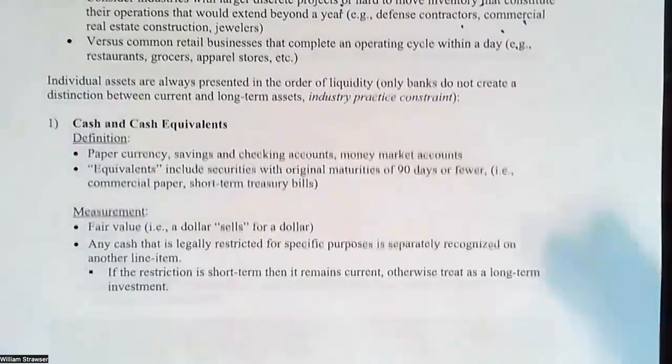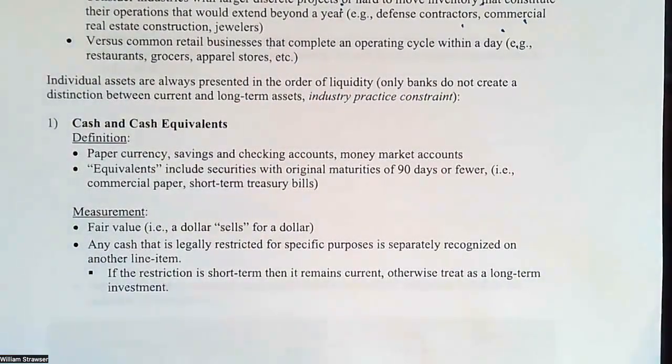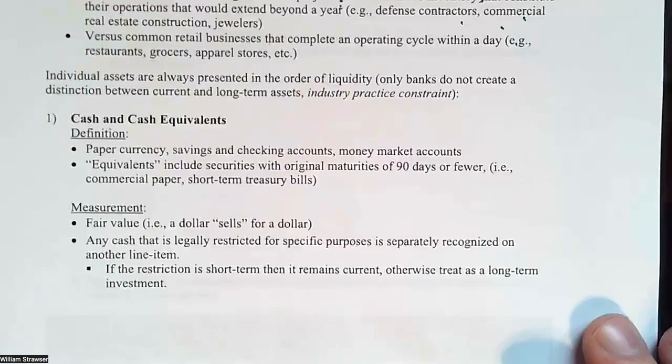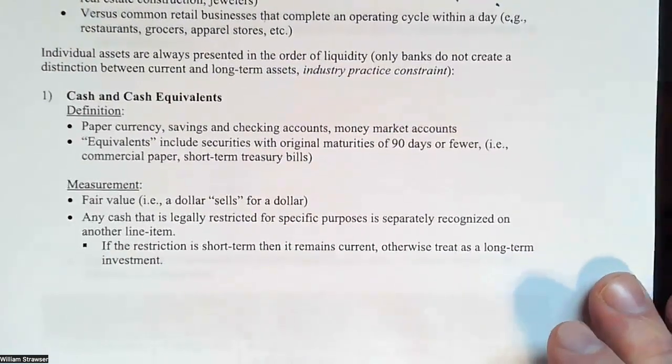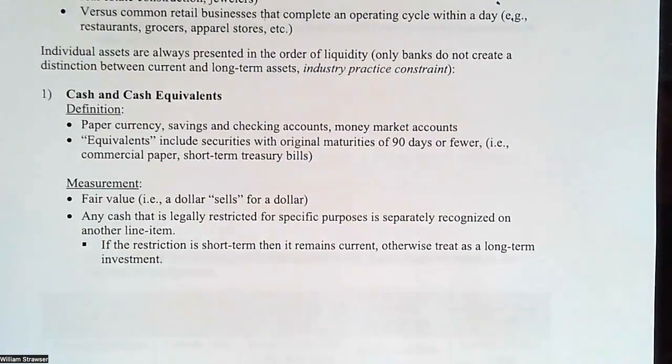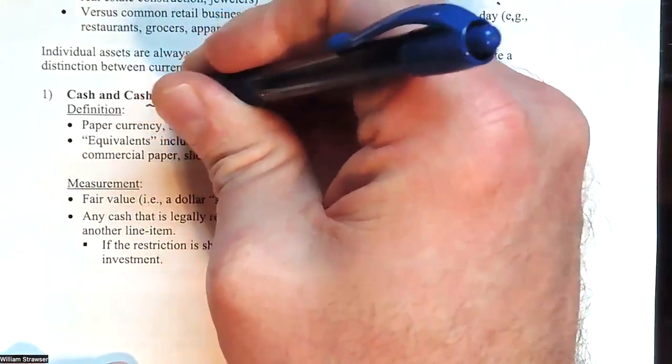As I mentioned, individual assets are always presented in order of liquidity. So only banks do not have a distinction between current and long-term assets. That's a peculiarity in an industry. Let's start with the first current asset. And it's the most liquid because it's already in cash or it's just about to be cash.